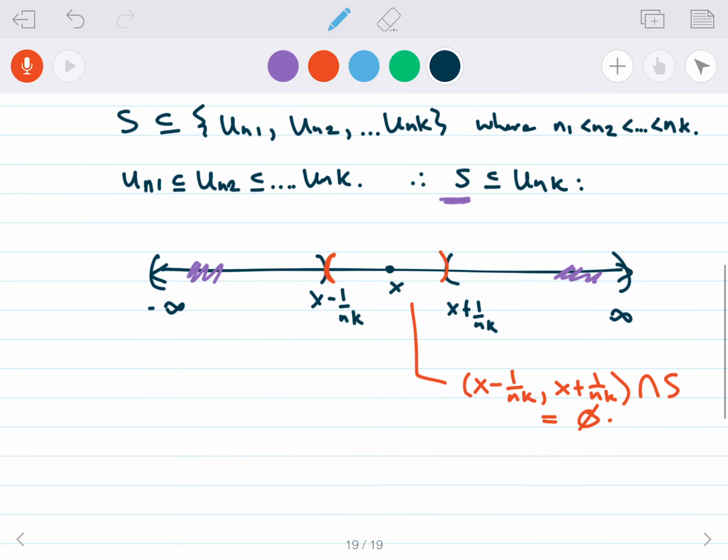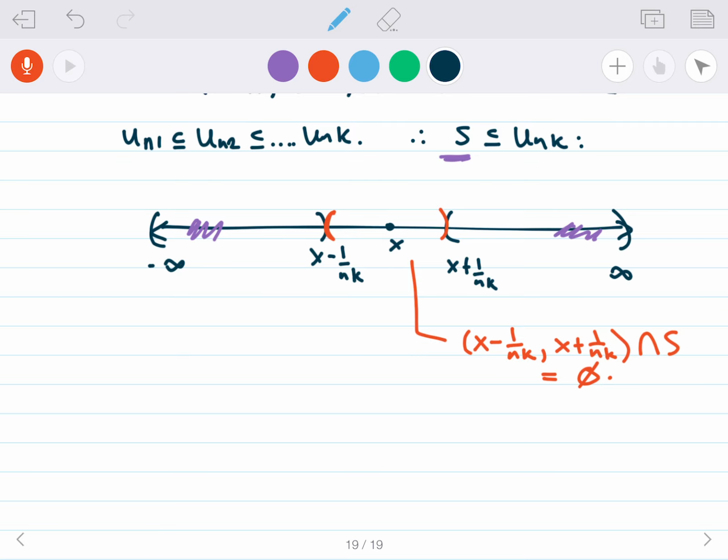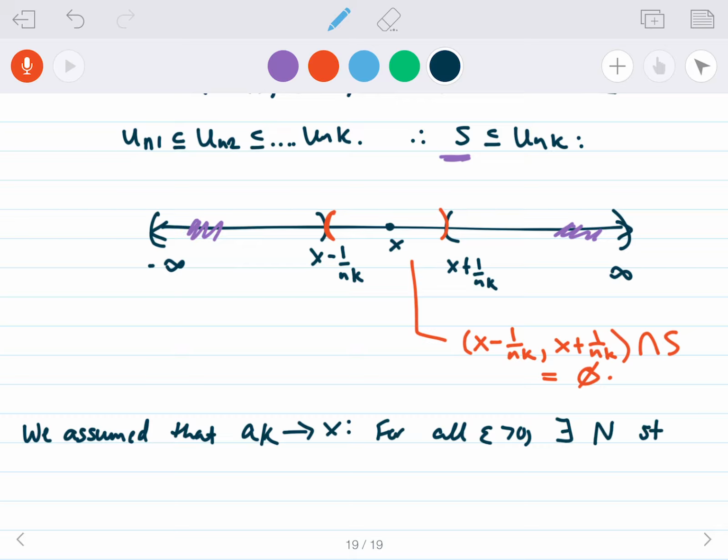To see the contradiction, we assumed that our sequence a_k converged to x, and so that means that for all epsilon bigger than 0, there's some capital N such that k larger than N implies that |a_k minus x| is less than epsilon.